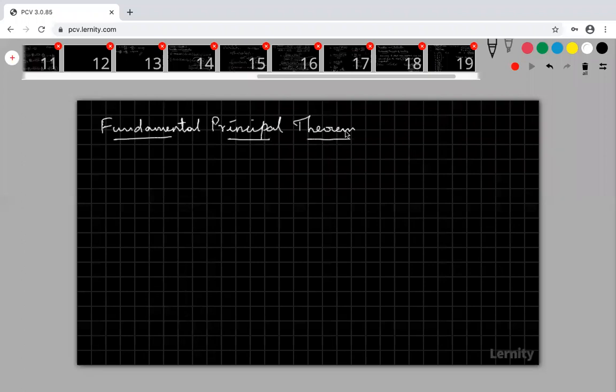So, the fundamental principle of counting. Look at that.